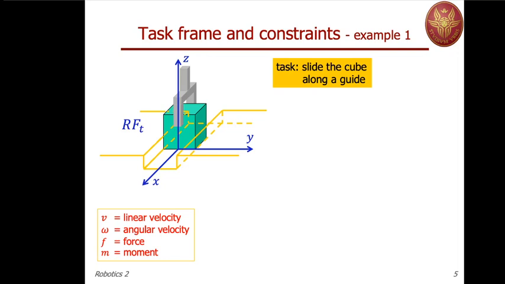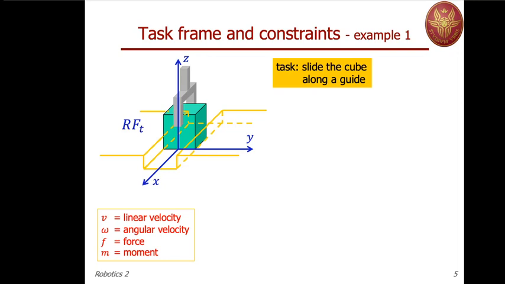So the choice of one axis along the guide is mandatory. And similarly, the other two axes are chosen once you have chosen x in this way, so that there are pure force or motion components that can occur along each of these axes. So this is the choice of the task frame for this case. And let's see what the natural constraints are.